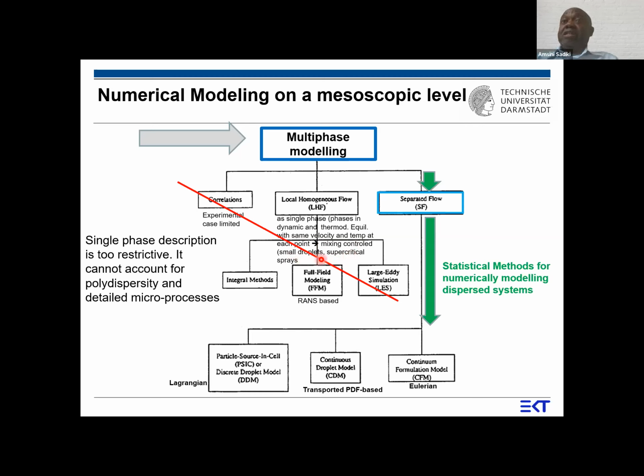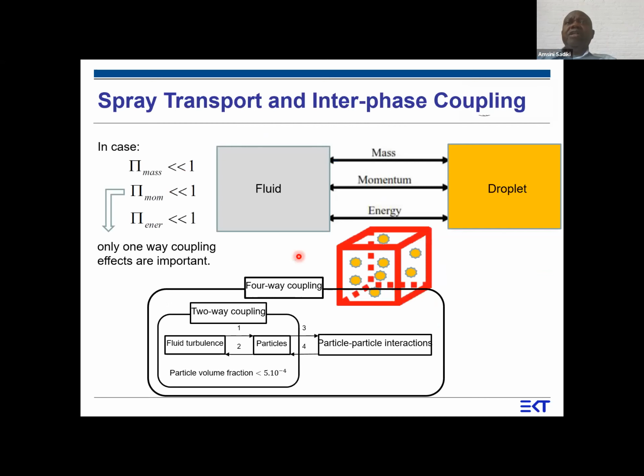And this can only be the case if we consider that we have small droplets, or we are under supercritical conditions, so that there is no more distinction of different phases. And if we have small particles which follow the flow, then we can say this sometimes, but it must be very, very delayed, so that we are in this one-way coupling.